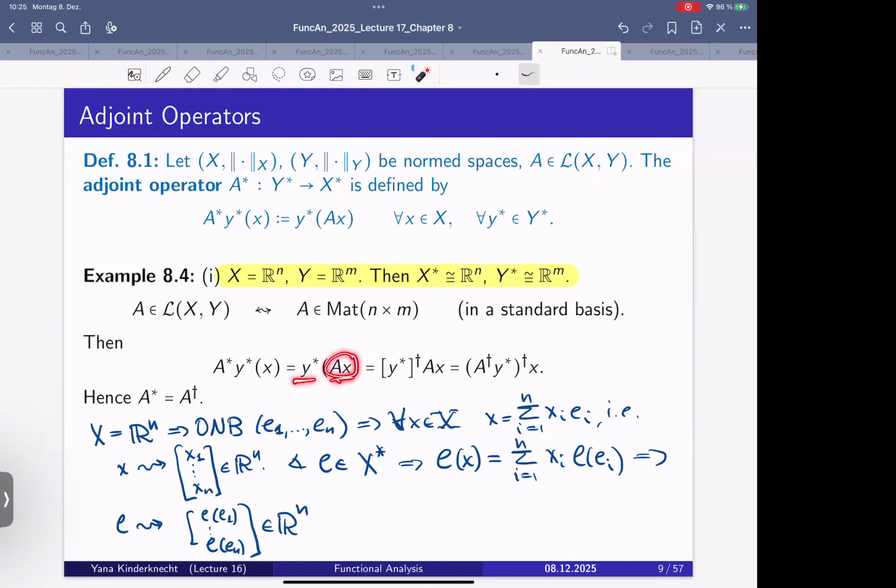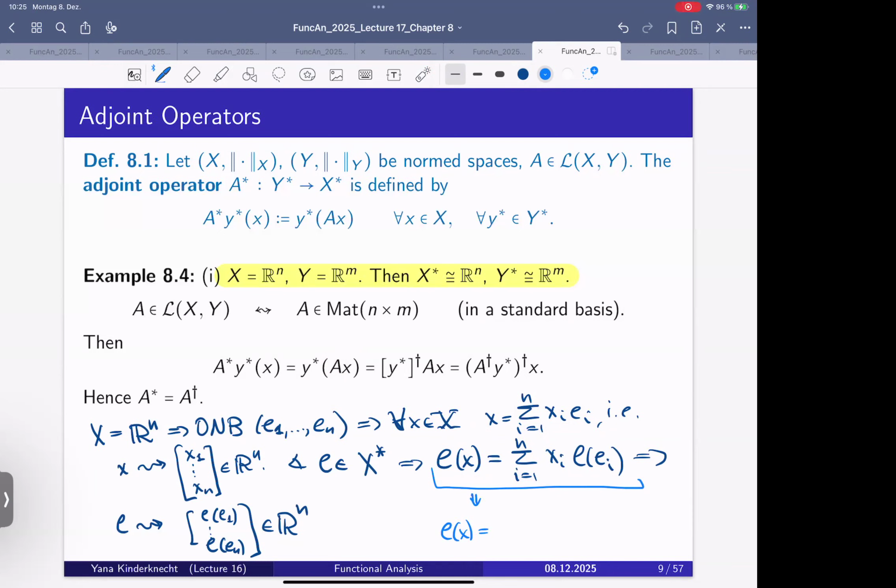And what is given here? What does it mean? This means that the action L of x can be written as a matrix product. So we take the coordinates of the vector L, but as a row vector.